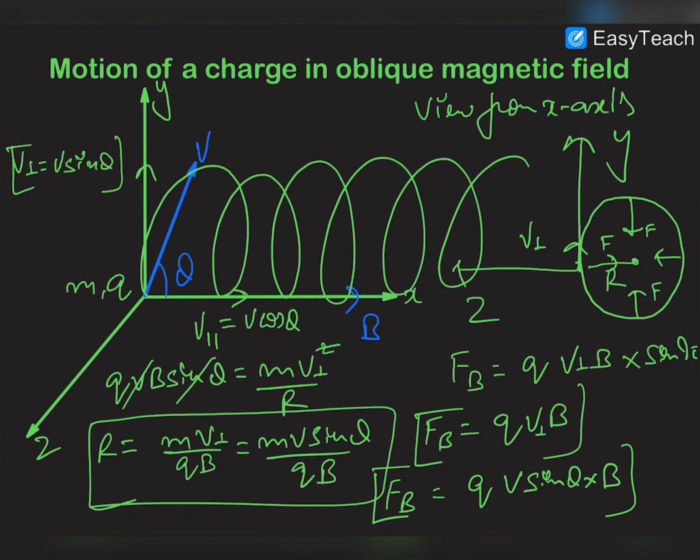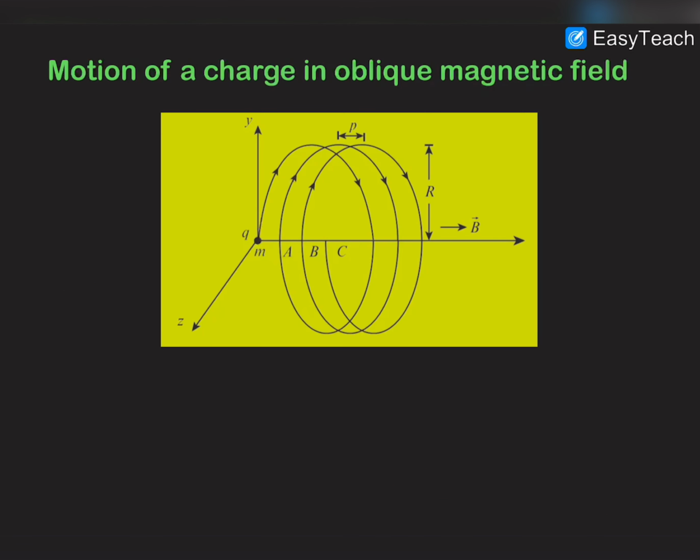Okay, so this is the actual path of this charge in the oblique magnetic field, and you can see that it is a helical path, and this is a more precise diagram. Now you can see that this is a physical quantity that is called the pitch of the helix.